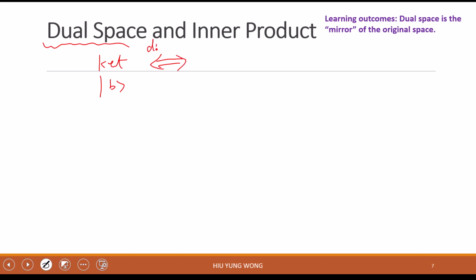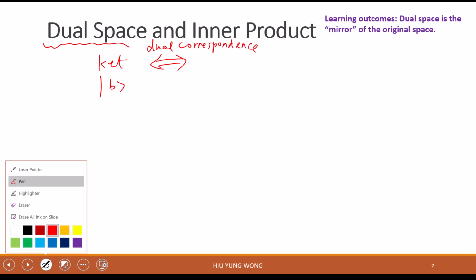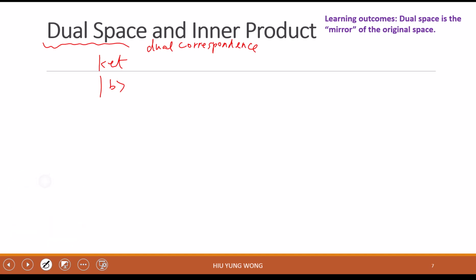This is called dual correspondence. It has this relation to something called a bra, B-R-A. Why it's called bra and why it's called ket, maybe you know, but if you don't know yet, later you will see why. Then we write it as B on the other side.